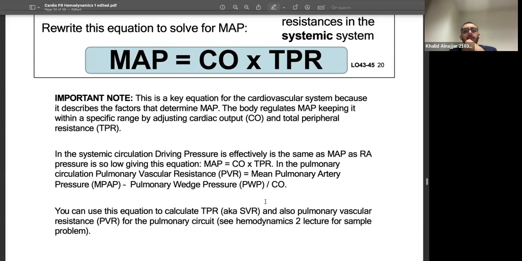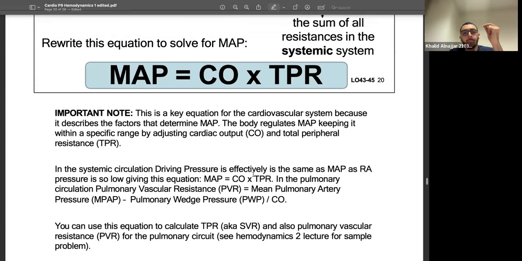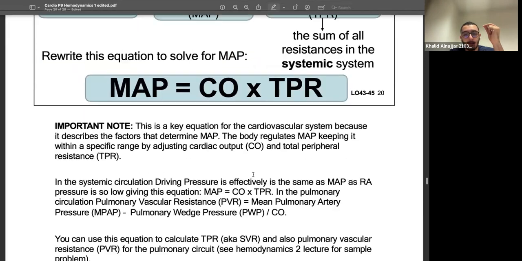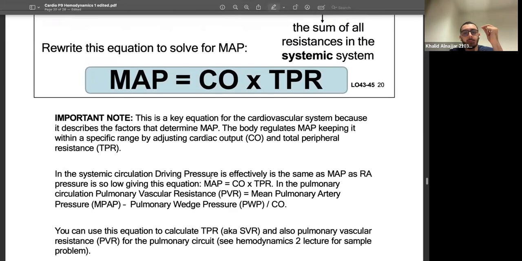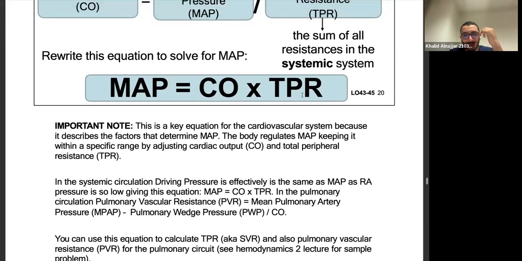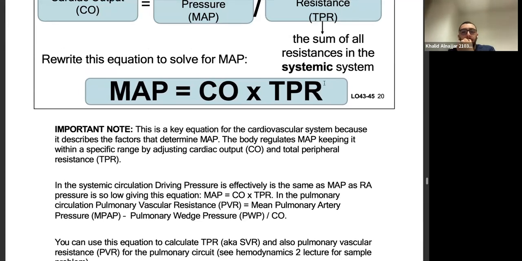Again, here the doctor tries to apply it to the pulmonary vascular resistance. In the pulmonary circulation, you can rearrange this equation for TPR.